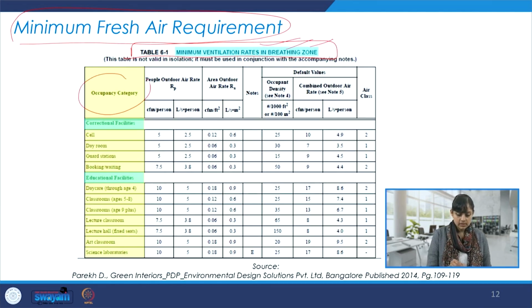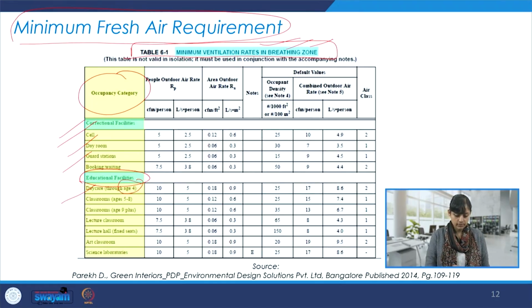So let's say there are these occupancy categories, and there are some correctional facilities such as cell, day room, guard stations, waiting or booking areas. Then there are educational facilities such as daycare. Even the age bracket is also identified and defined here.